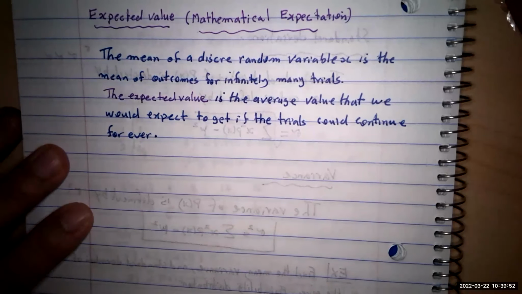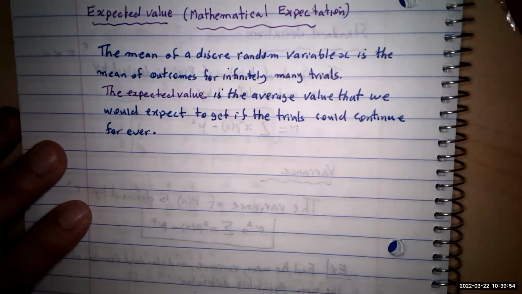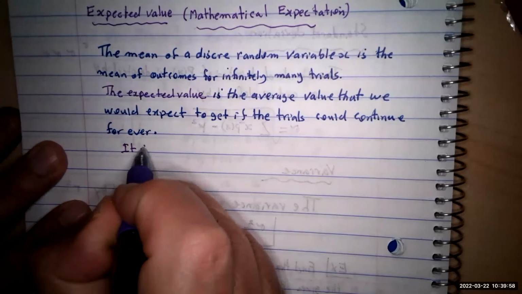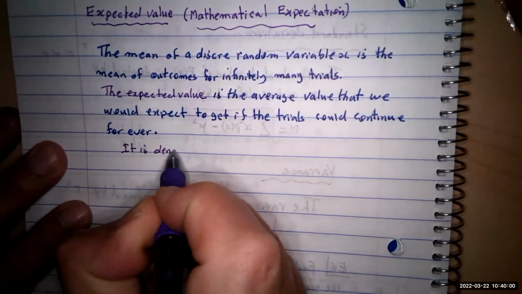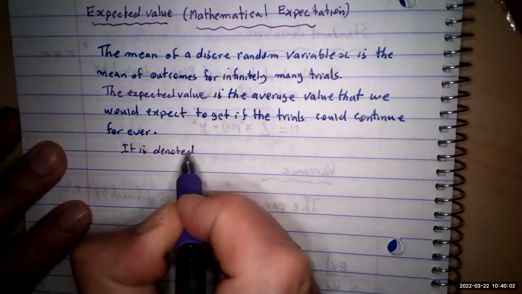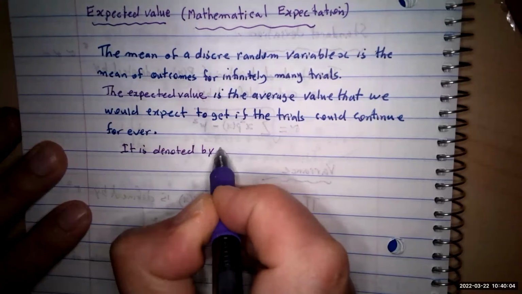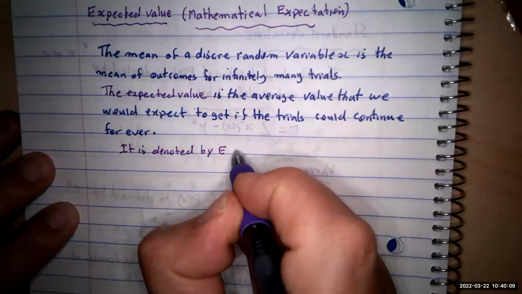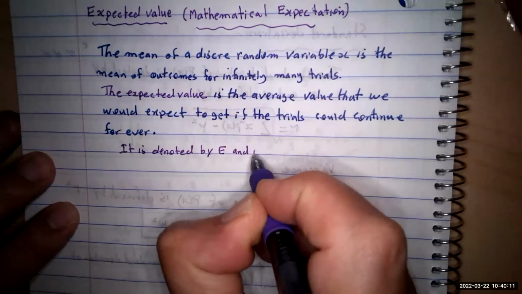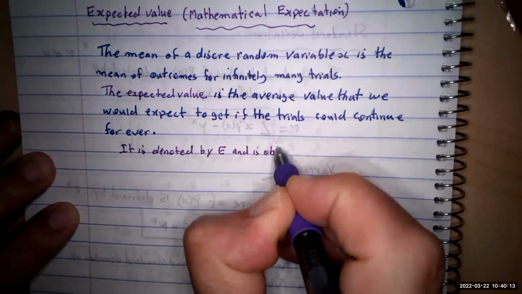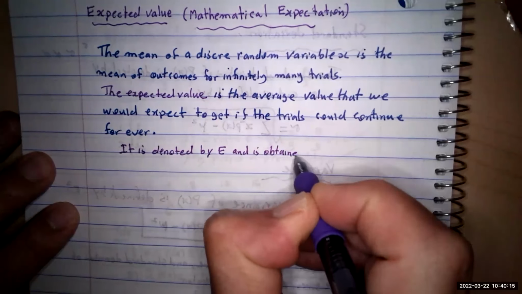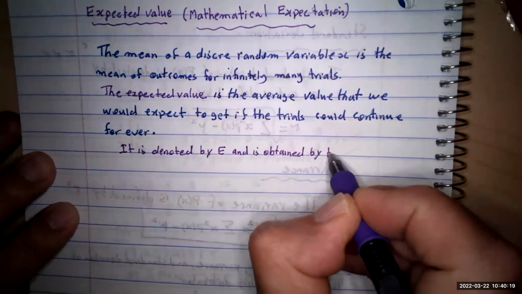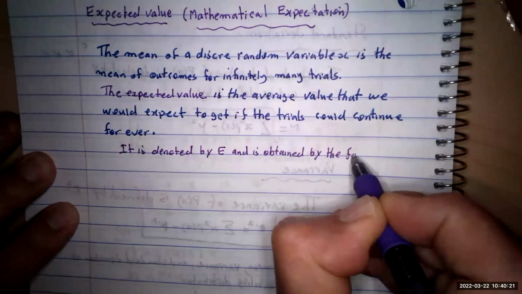It is going to be denoted by E, for expected, and is going to be obtained by the following formula. The formula is the same formula that we use for the mean.